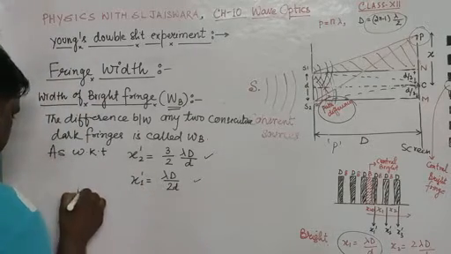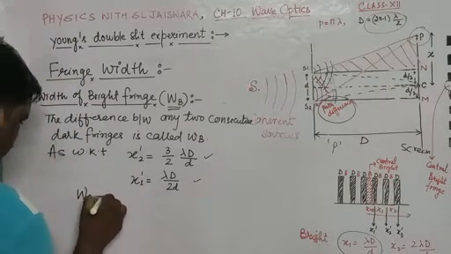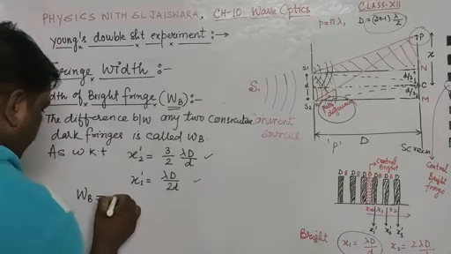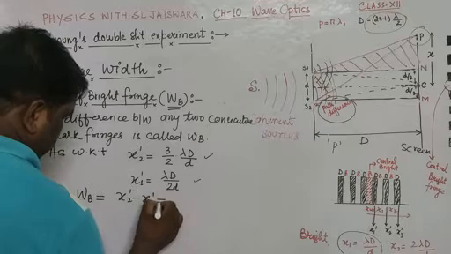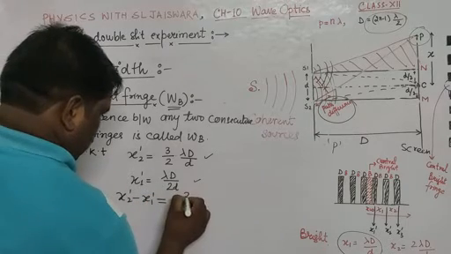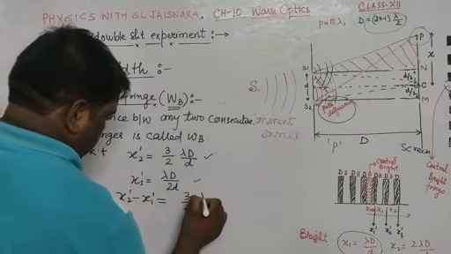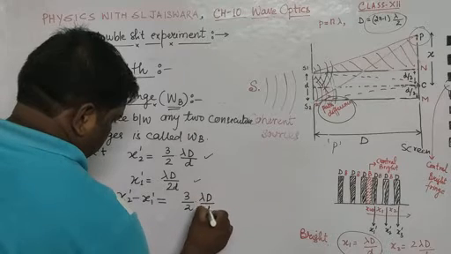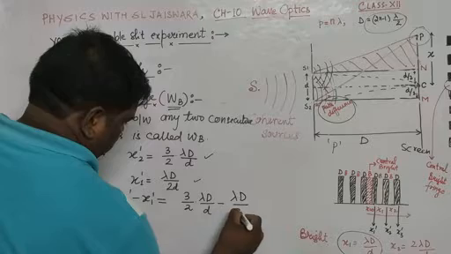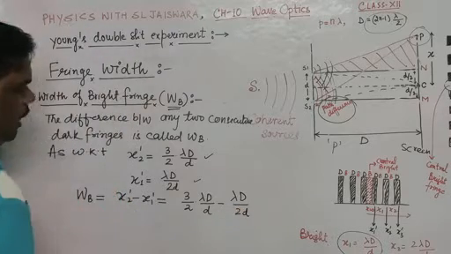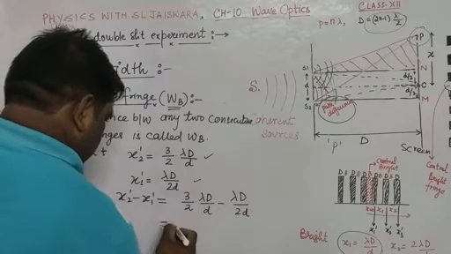That is, WB equals x2' minus x1', which is 3/2 lambda D upon d minus lambda D upon 2d.